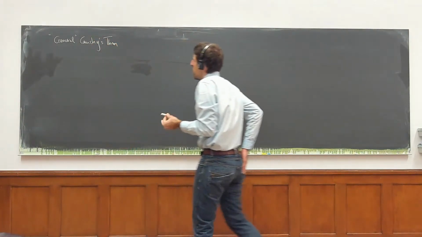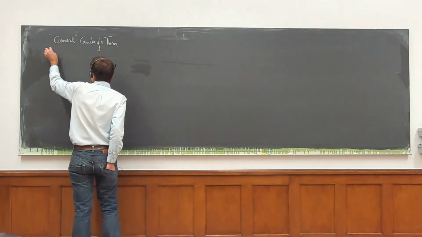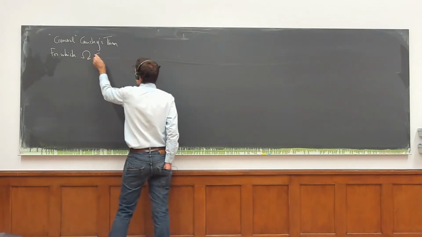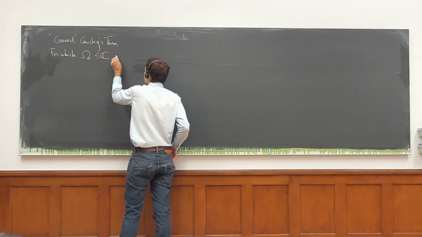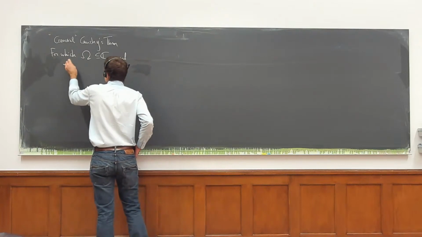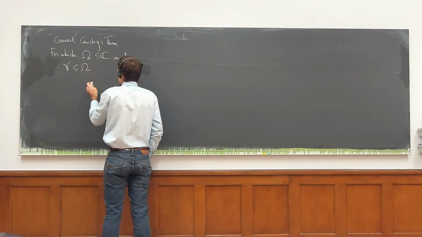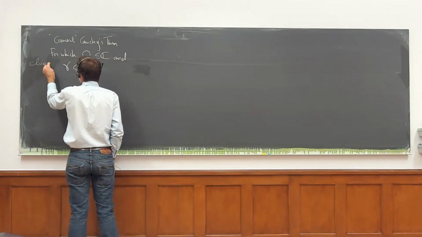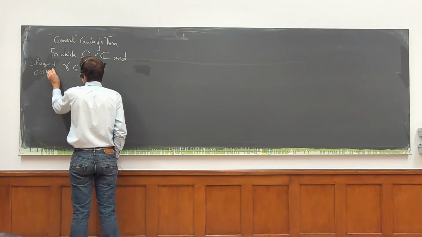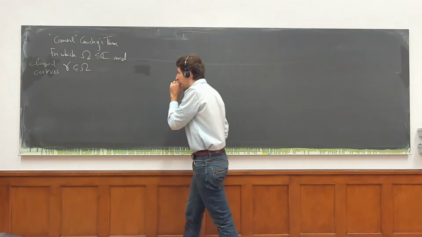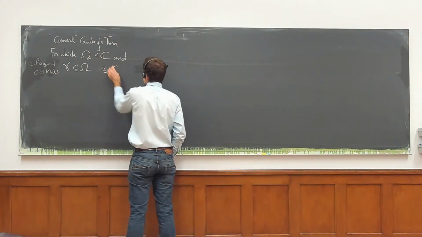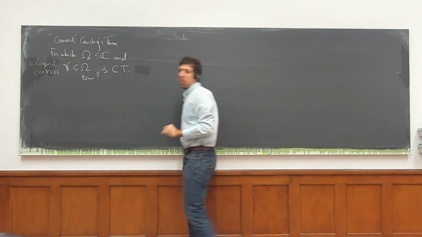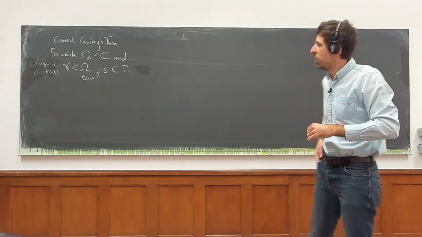The question we really want to understand today is: for which regions omega and for which closed curves gamma is Cauchy's theorem true? So this is the question that we want to answer today.